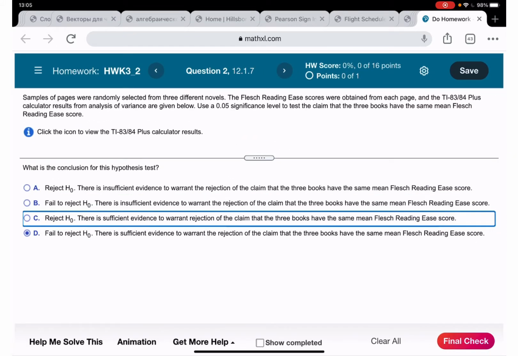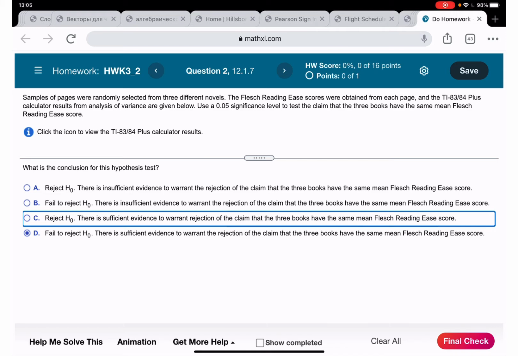Let me see. It's going to be either B or C. Not B, I'm sorry, A or C. Let's see which one it's going to be. In the case of C, we reject the null hypothesis because there is sufficient evidence to warrant rejection.